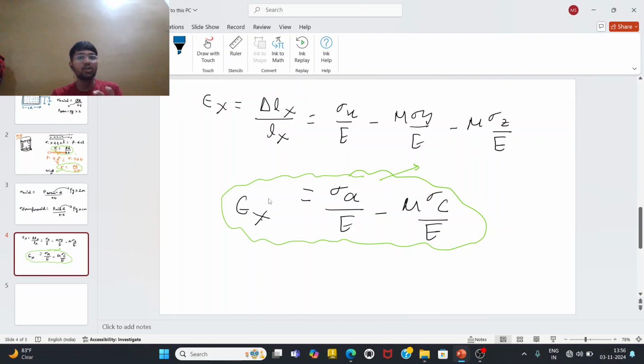By using this you can find the axial strain, and then the actual length after deformation. This is the main reason behind finding the axial and circumferential stresses. Thank you, all the best. Whatever questions you have, you can ask freely.